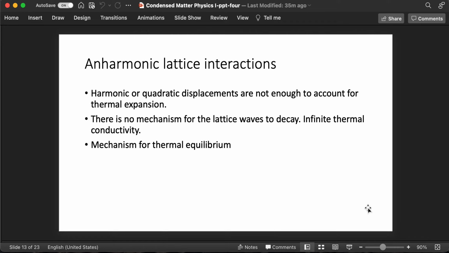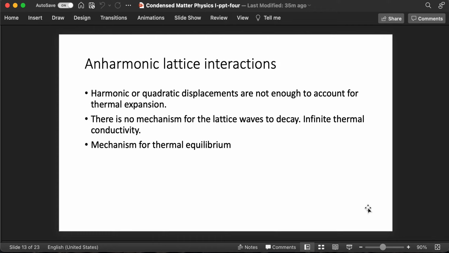That means that there must be a mechanism for the lattice waves to gain energy from the external medium and to lose energy to the external medium. There must be heat or momentum transfer in both directions. Then only can you have thermal equilibrium.